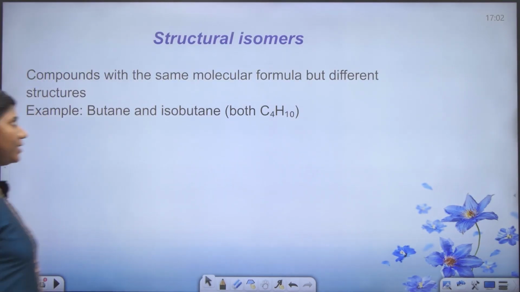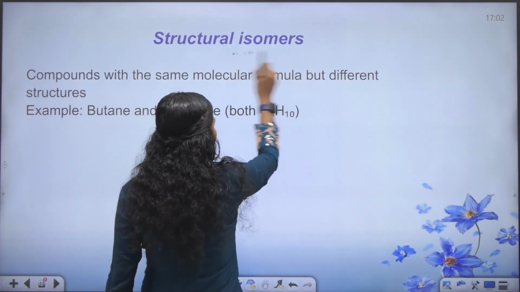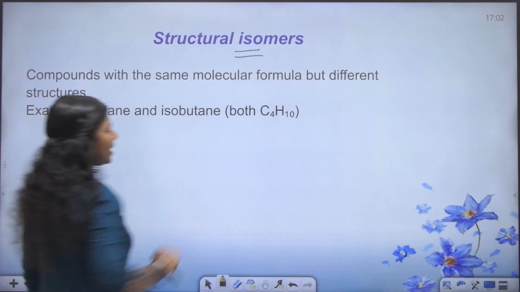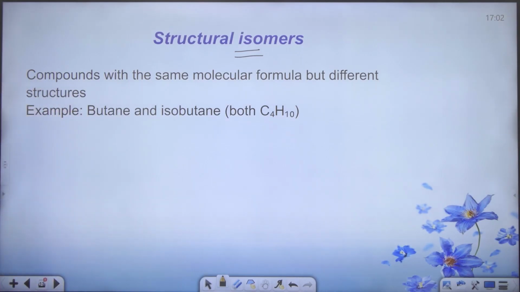What is isomerism? We know that iso means same. Isomers are compounds having the same molecular formula but different chemical and physical properties. Today we are going to discuss structural isomers.